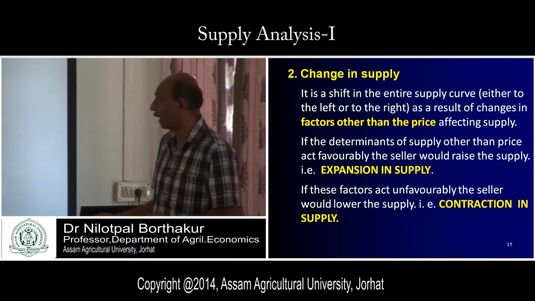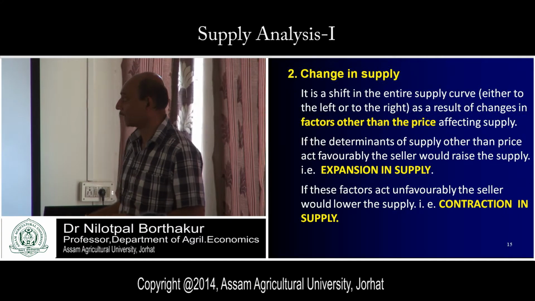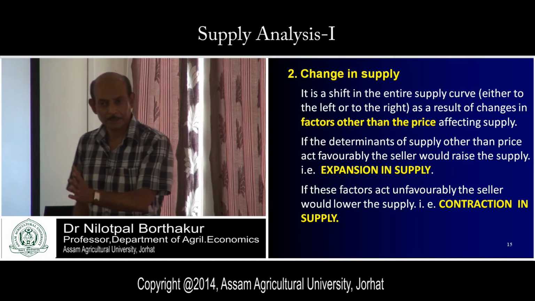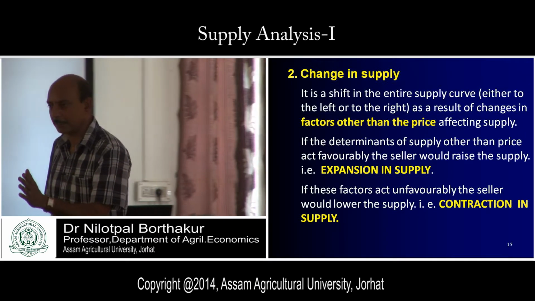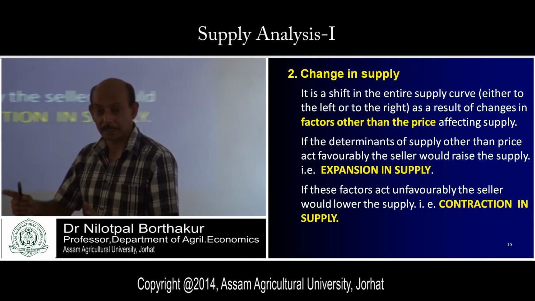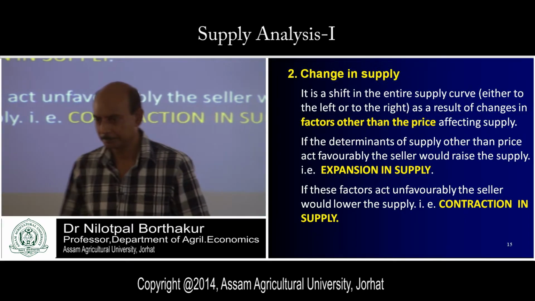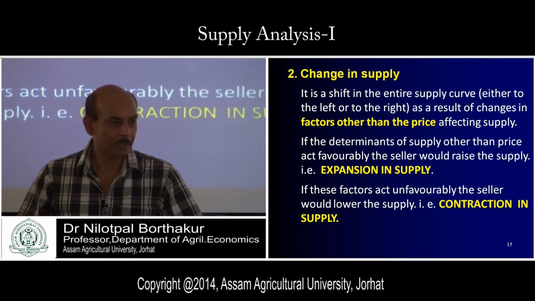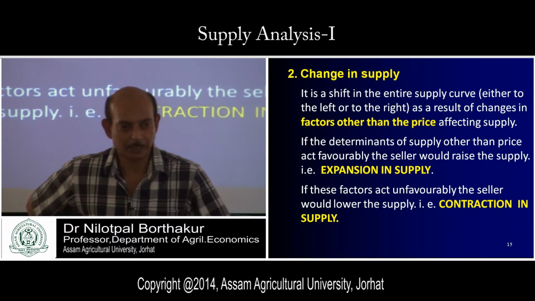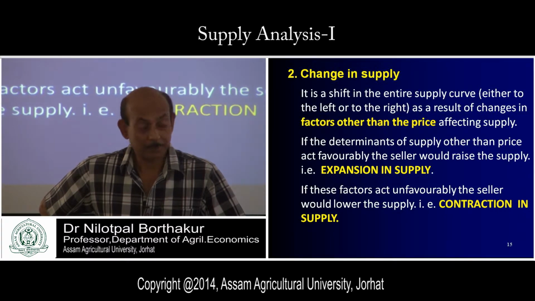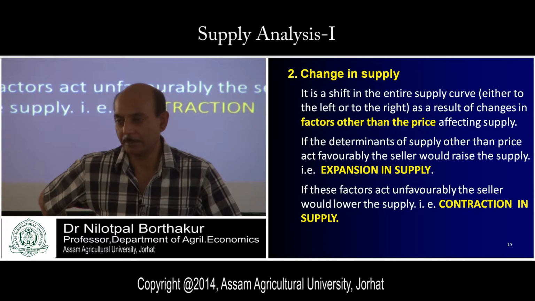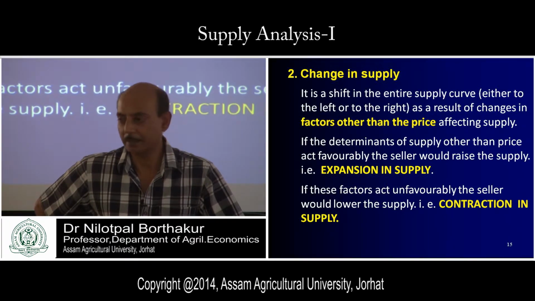And if the determinants of supply other than the price act favorably, there is expansion in supply. That means at a certain price level, more quantities are offered for sale. At a price of rupees 10 per kg, usually 10 quintals are offered for sale. Because of favorable conditions, more than 10 quintals may be offered for sale by sellers at rupees 10 per kg.